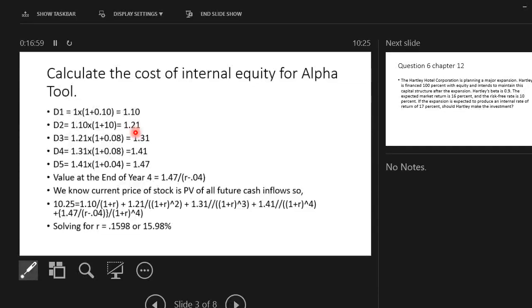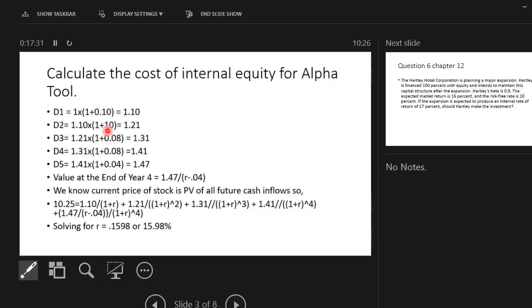A question. Is there any reason why at D2 in brackets that 10 is not in decimal form? Can you come again? For D2, in brackets, the 10 is not in decimal form. Oh yeah, you are right. It's actually a mistake there. Thanks for highlighting that. It's actually supposed to be 1 plus 0.10.